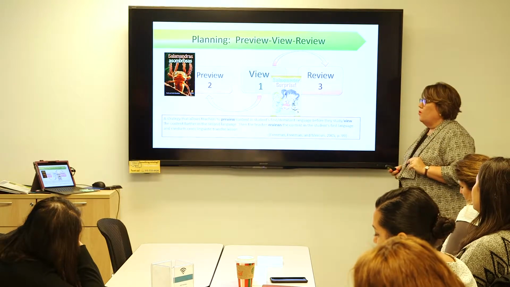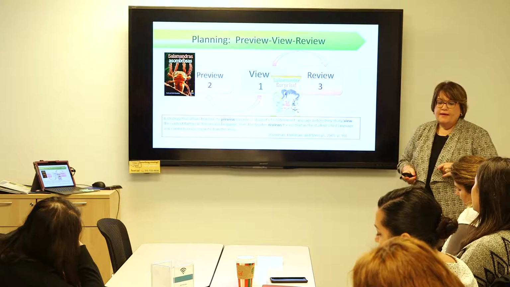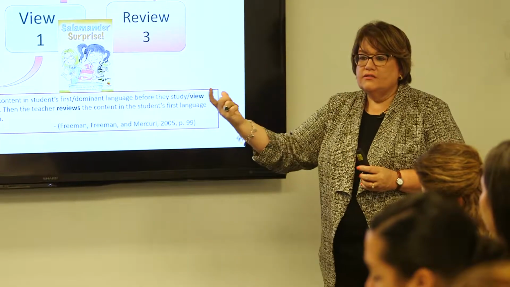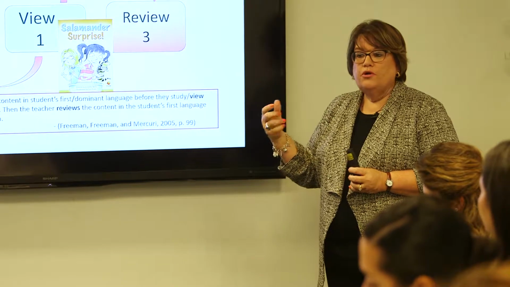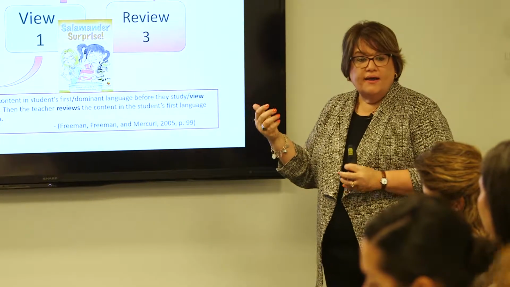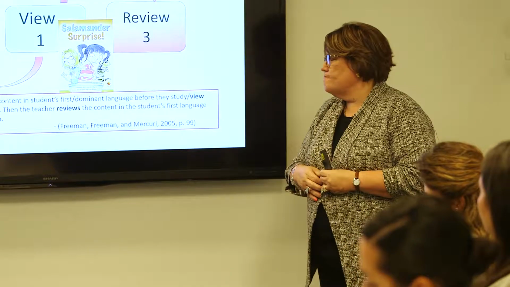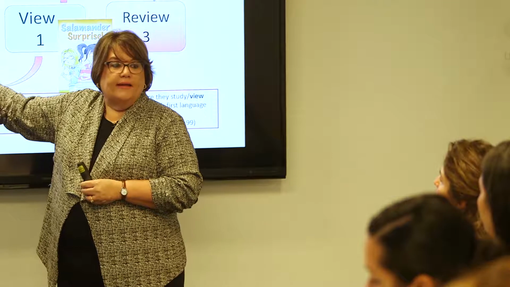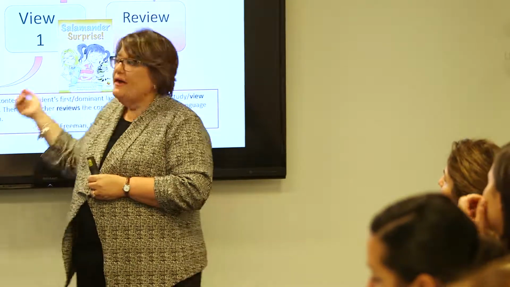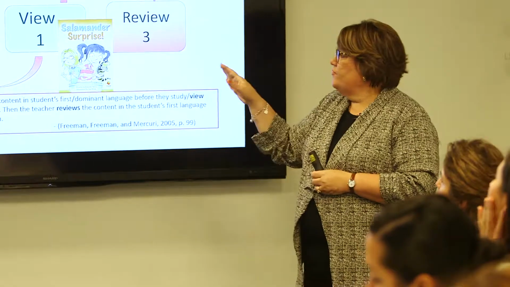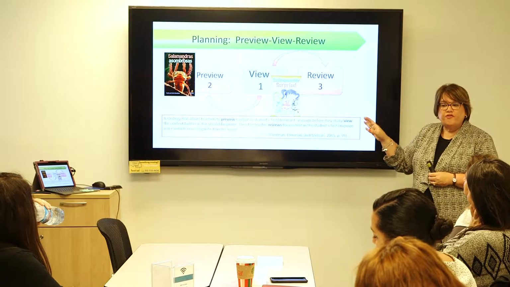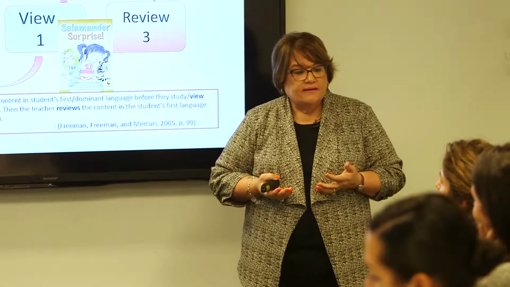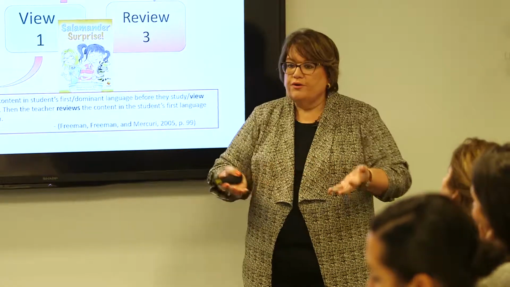So here's an example with a couple of texts. I've chosen these texts because they have a theme that goes across both books. But you could do the same if you had a different text that you wanted to use to preview on adaptations. Okay? In this case, when you do a preview, view, review, the teacher first plans for the view. You plan for the lesson that you're going to do in guided reading for those learners.